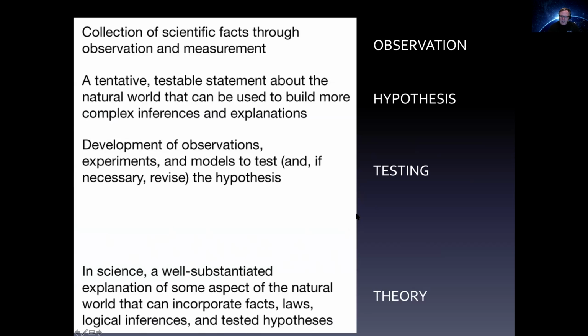It reaches the idea we call a theory, which is a very well substantiated explanation of some aspect of the natural world that incorporates facts, laws, logical inferences and tested hypotheses. Theory is the highest level of scientific certainty we have.